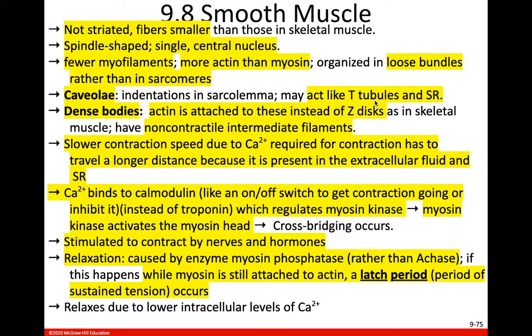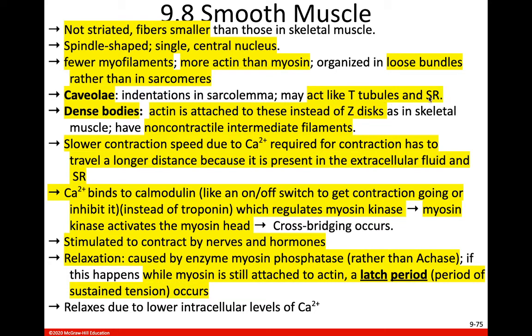They allow the muscle contraction to get down into the muscle cell, and they also allow calcium to come in from outside the cell, because we're going to see that in skeletal muscle, all the calcium that we need is stored in the SR, but that's not true for smooth muscle. Smooth muscle SR does have some calcium stored, but a lot of the calcium that we need for muscle contraction actually comes from outside the cell. Extracellular calcium comes into the cell to cause the contraction to happen.